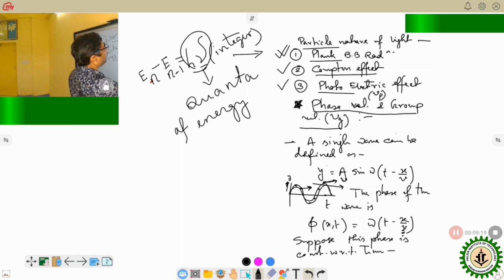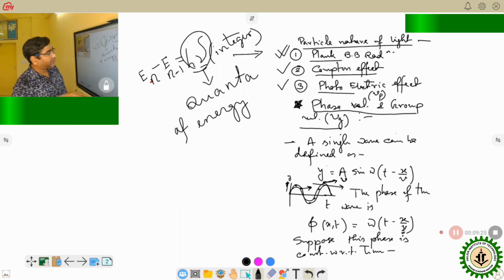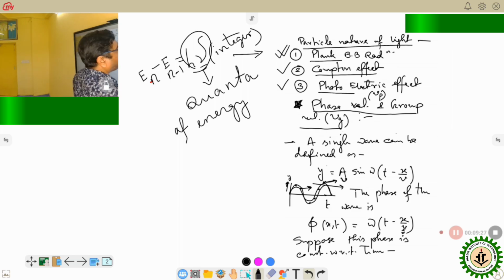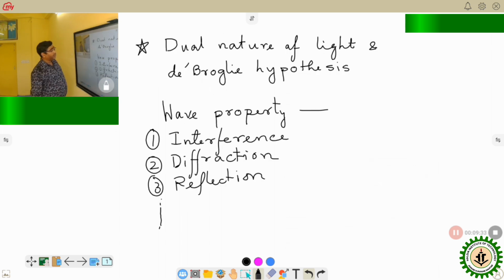These kinds of phenomena can be explained based on the particle nature of light. Whereas on the other side, the phenomena I mentioned can be completely explained by wave theories of light. We cannot explain those phenomena based on the particle nature of light.